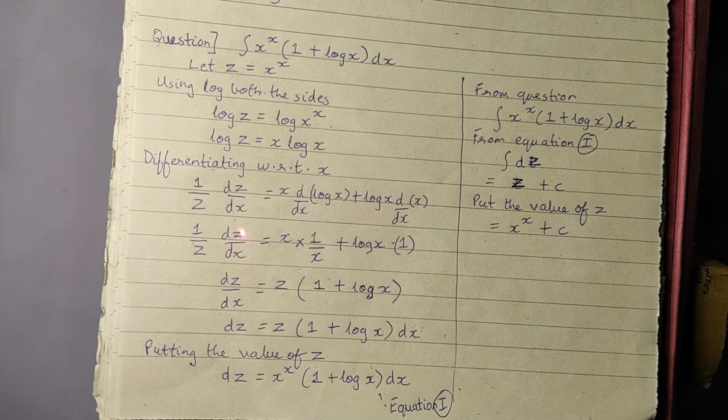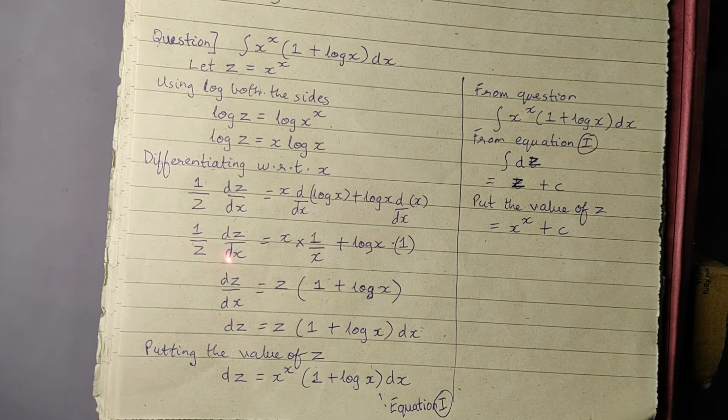z into dz by dx is equal to, here derivative of log x, you will get x into 1 divided by x. These both terms will get cancelled, plus log x into derivative of this term, 1. dz divided by dx is equal to, now this z will go on the opposite side.